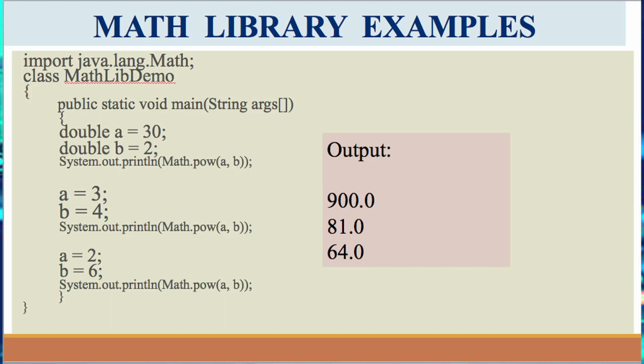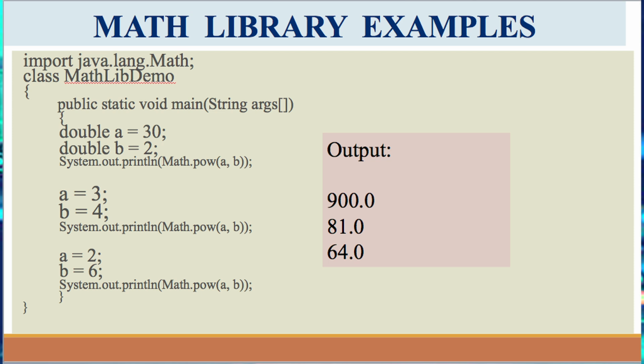So here you can see in this program again we import java.lang.Math. We are importing this math class under the java and lang package, and then we have the MathLibraryDemo class. This is the name of the class, and then public static void main String args.